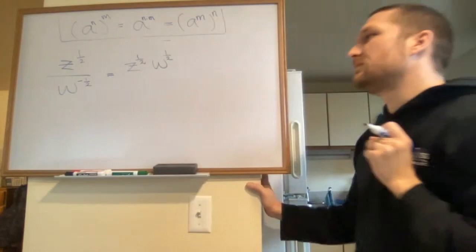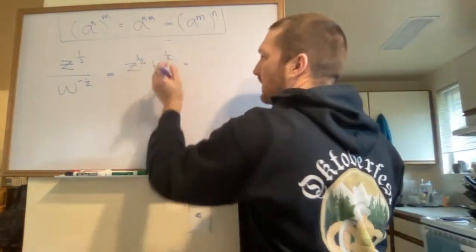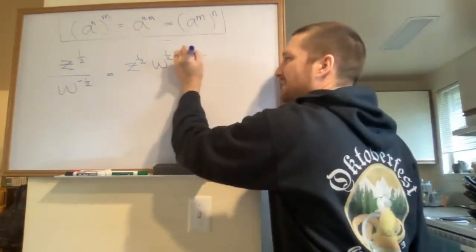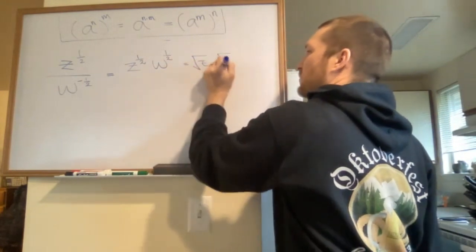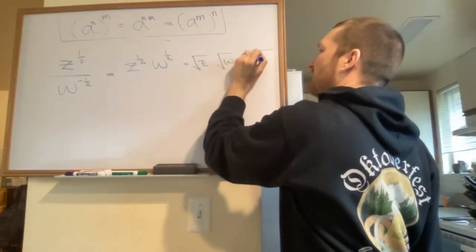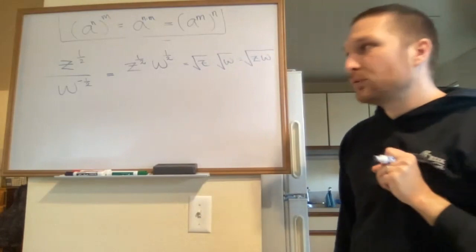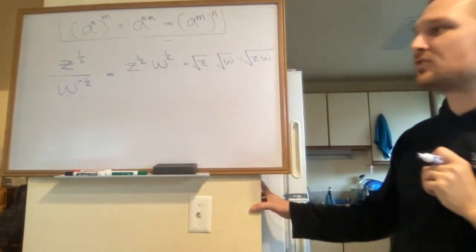Those are raised to the same power. In fact, if we wanted to really take this step, we could jump to the very end and say that means the same thing as the square root of Z times the square root of W, which is the same thing as the square root of Z times W. And that's pretty much the answer you're looking for with that last question.